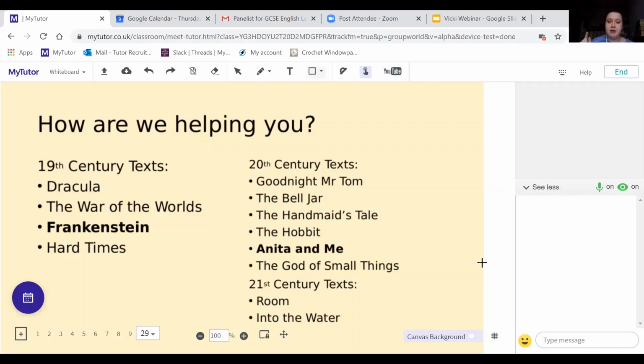Frankenstein and Anita and Me I have put in bold because those are set texts for your literature. 20th century, you've got 6 texts to go at, and 21st century, you've got 2. So there's a huge range of different ones you could go at, from a different range of times and genres as well.